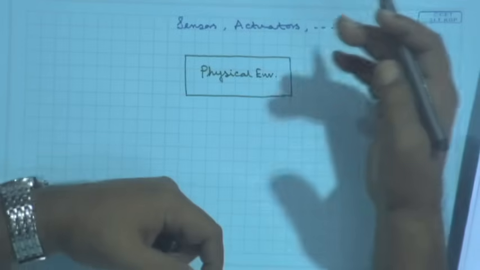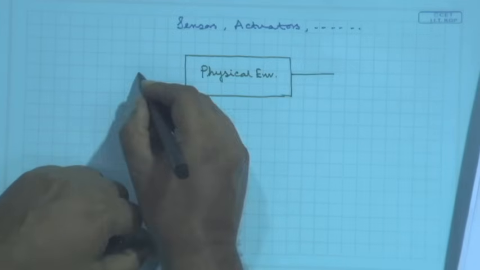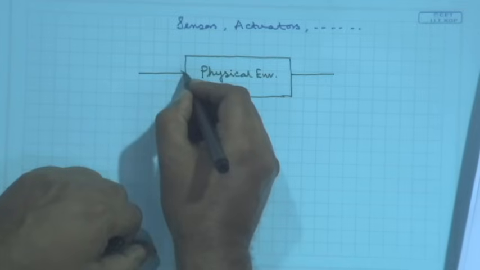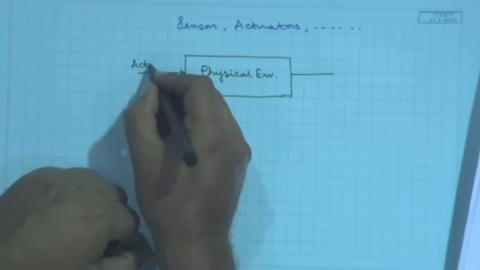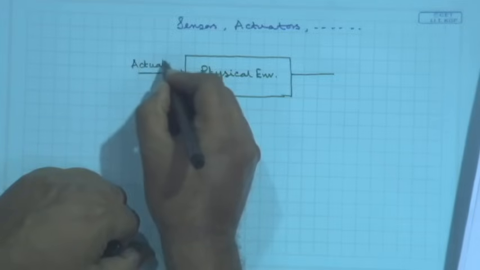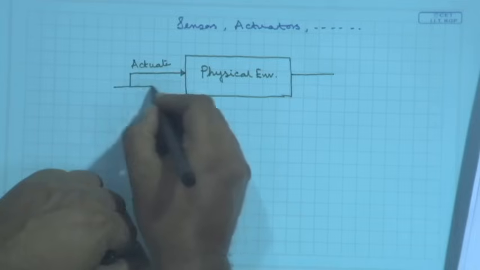On the other hand, if it is pressure, then the range is something different. So, we want to actuate the physical environment by some means, which, let us call it, the actuator.